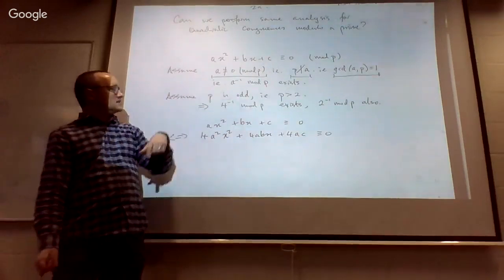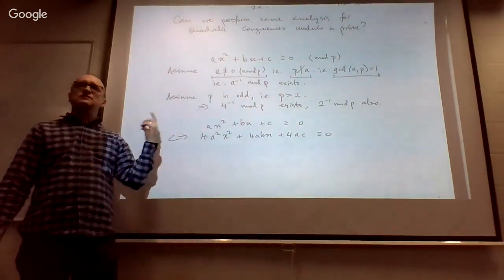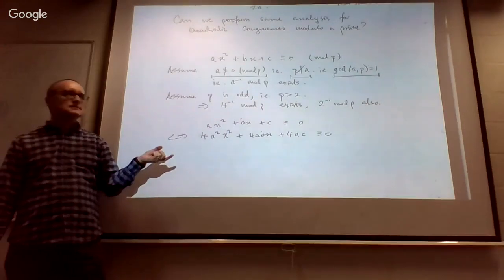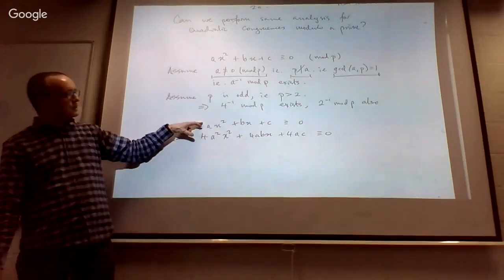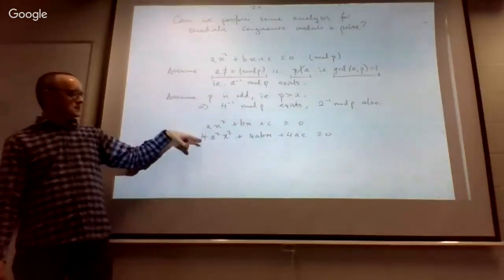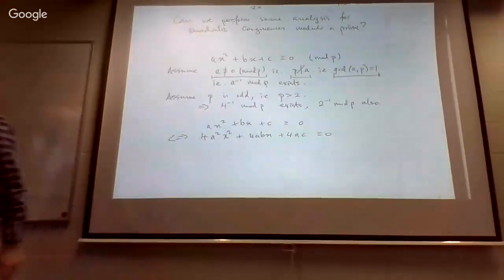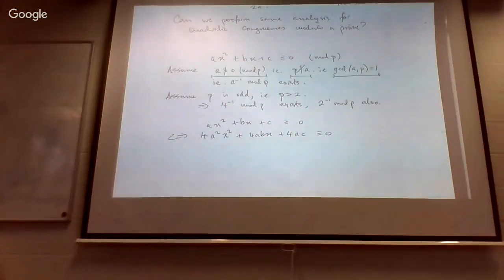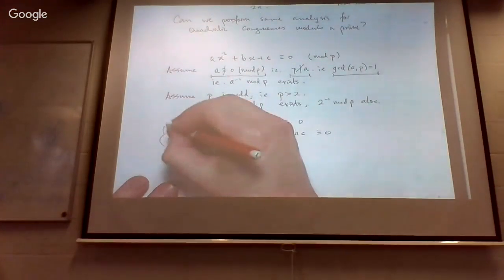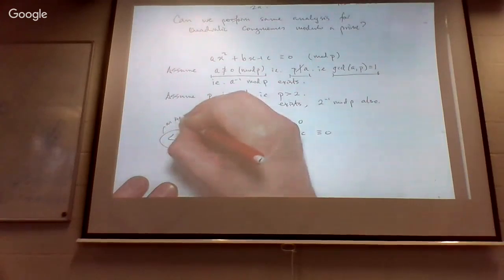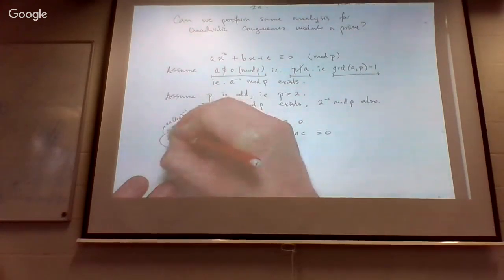The inverse of a exists, the inverse of 4 exists, so the inverse of 4 times a exists. This is the product of 4 inverse times a. So if the top equation is true, so is the second. If the second is true, so is the first. So this is an equivalence because the inverse of 4a exists.